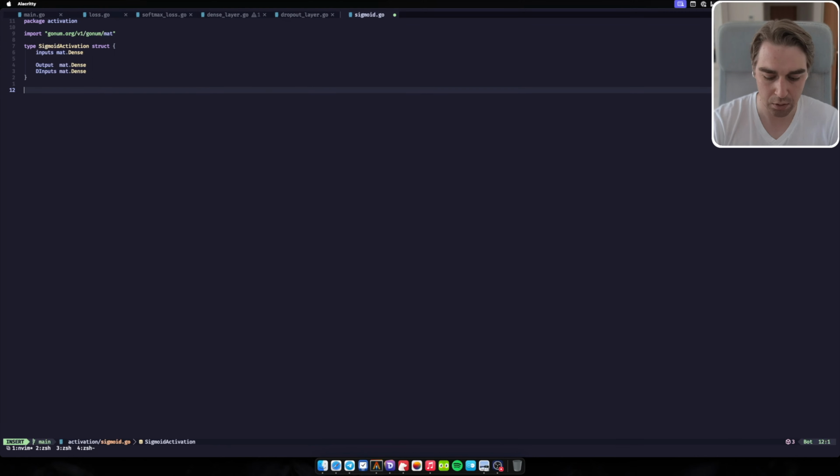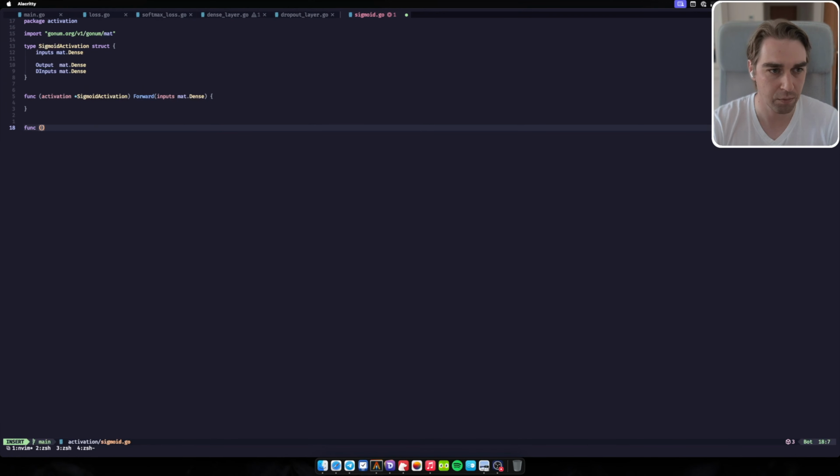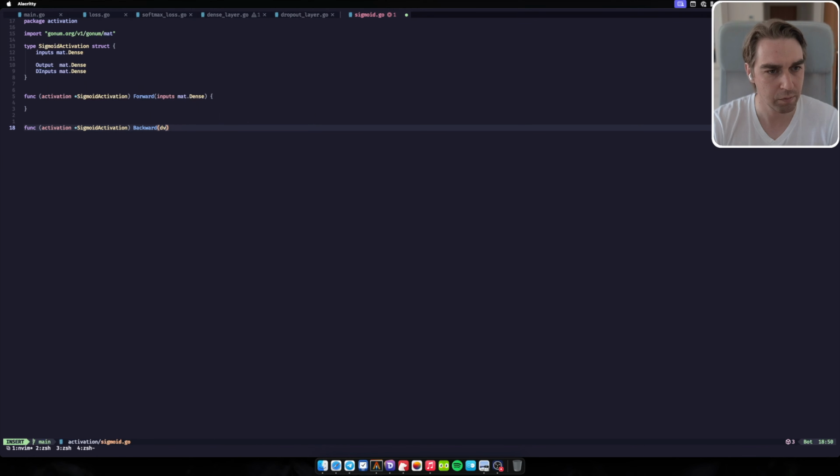Then again, we need to have the forward pass function that will operate on the activation of the sigmoid. It will take inputs as dense. Then we have again the activation sigmoid backward, with dvalues, again dense.